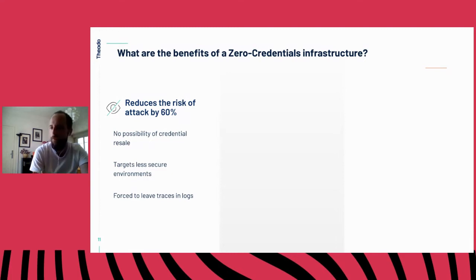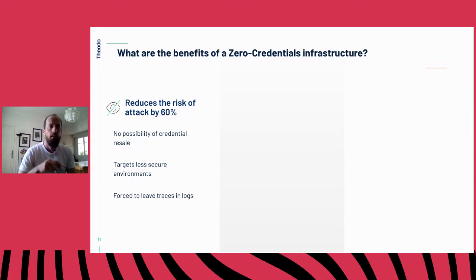Also, you have to consider the fact that most attackers are looking for the low-hanging fruit in the environment. And so they will look for the less secure companies. If you have made some efforts to secure your infrastructure, you may avoid a lot of attackers' attention.